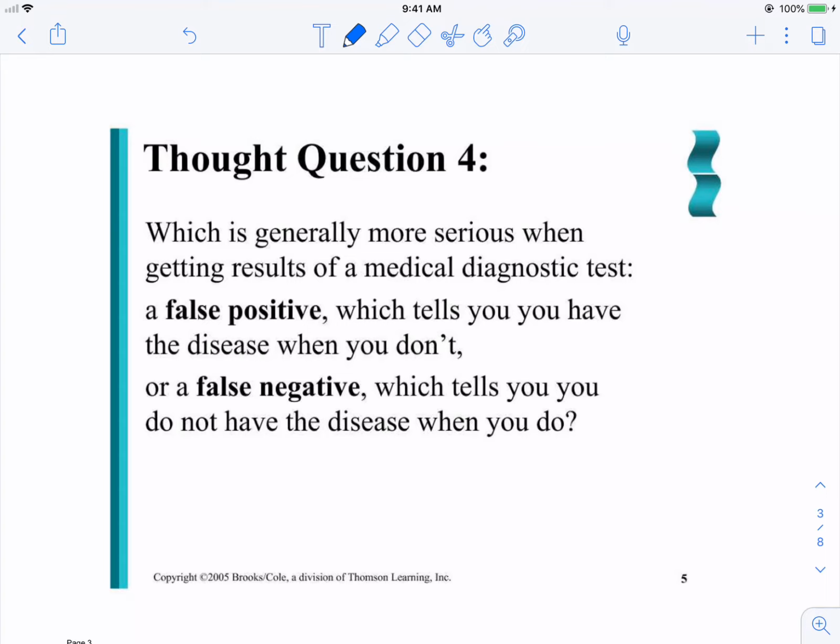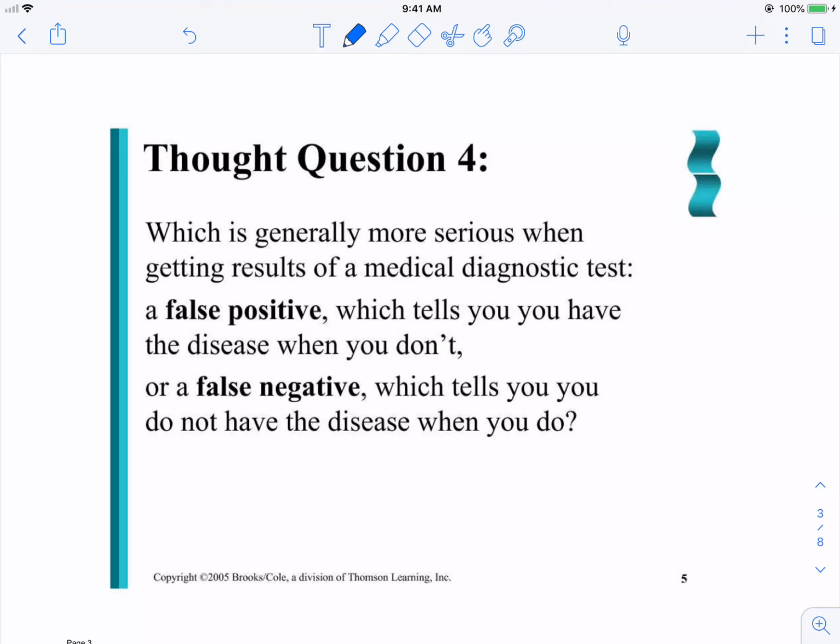We talked about this a little bit right before this pandemic happened, and we were still in school, and we were saying that the most catastrophic cases are when you have a false negative, where somebody goes to the doctor, they think that they might have this disease, but the test comes back negative. You don't have it.